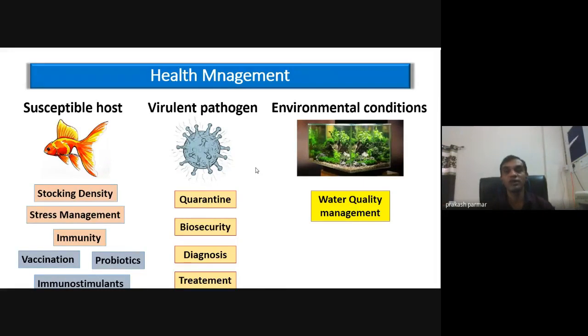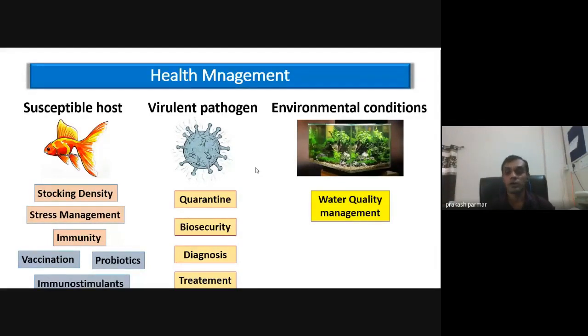Pathogens are always present in the environment. They are naturally present, because we cannot remove the pathogen from the environment. So why does the disease occur? Because of virulence. Some pathogens get virulence, and due to this virulence they produce disease, and also due to stress conditions.